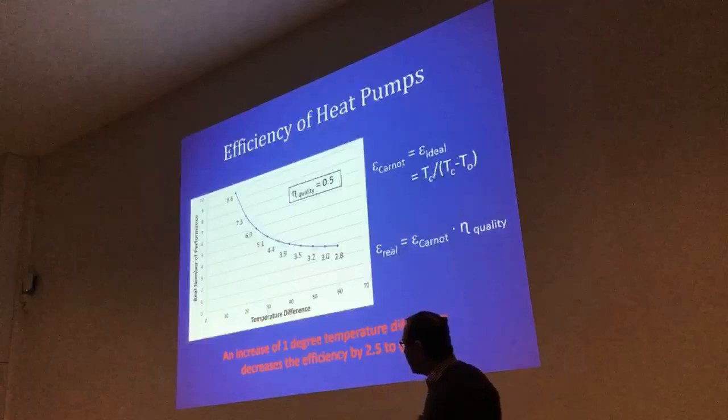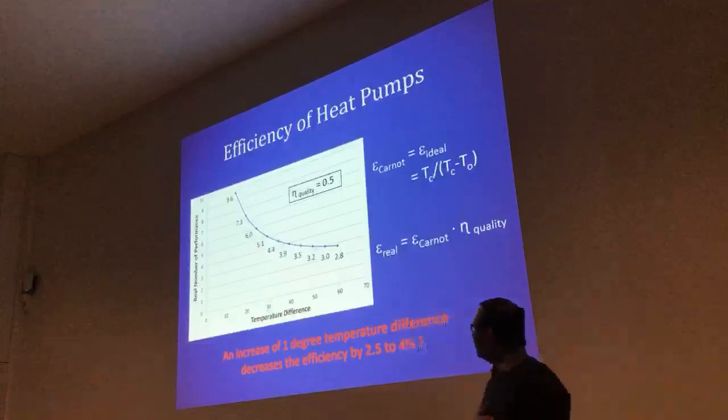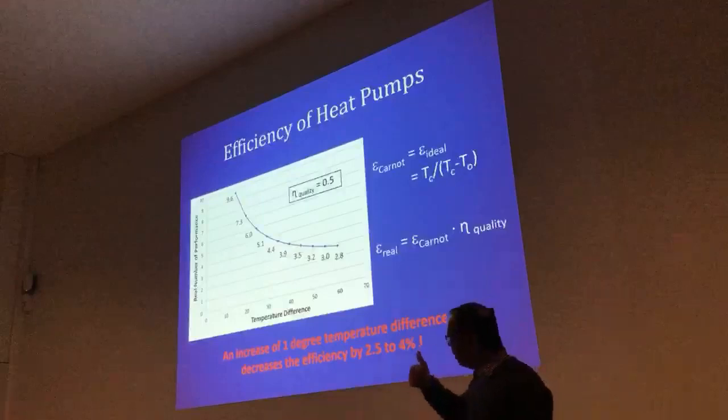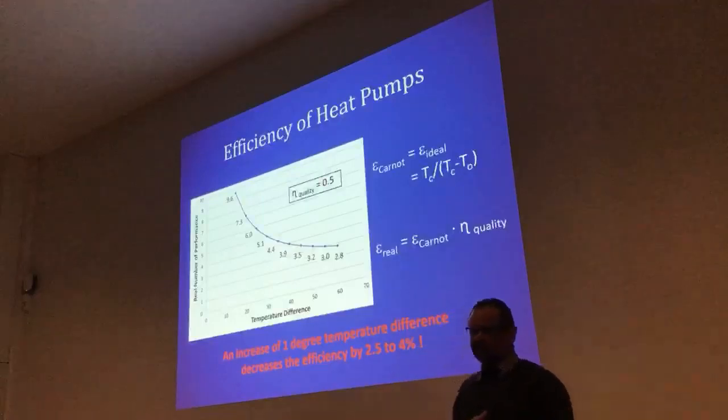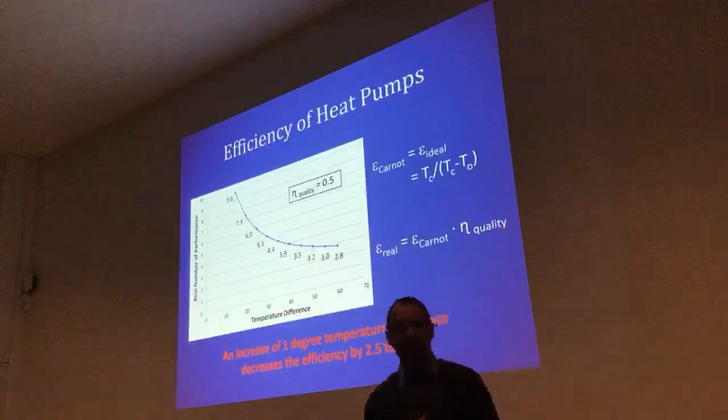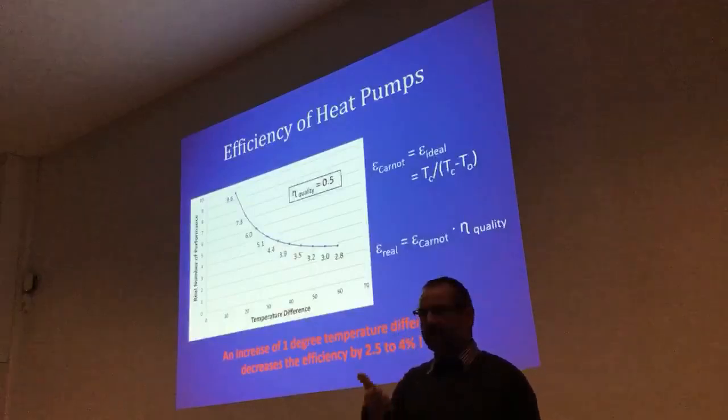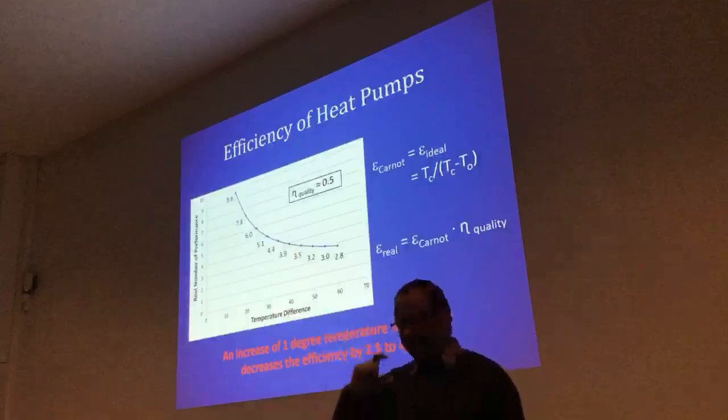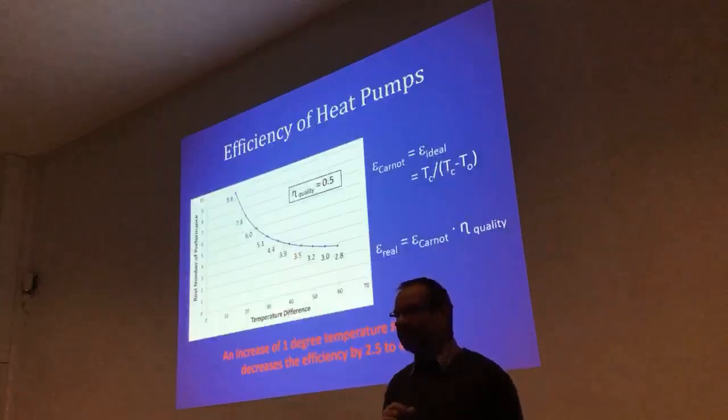An increase of 1 degree of the temperature difference decreases the efficiency by 2.5 to 4%. So on average, I say, if the temperature difference rises by 1 degree, the efficiency goes down by 3%.